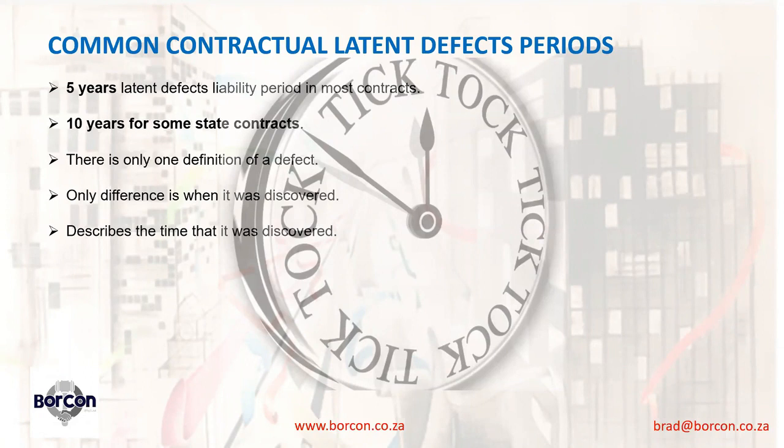And most people say to me, but that is an enormous long period of time for me to be on the hook for a defect. Just to note that in a lot of state contracts, public works contracts, etc., they actually double up that time to 10 years.